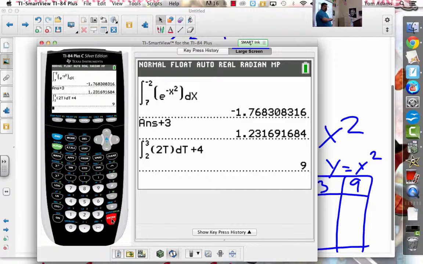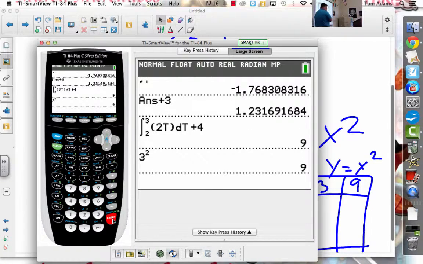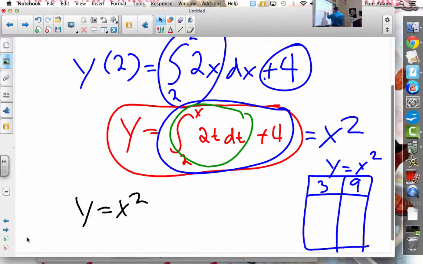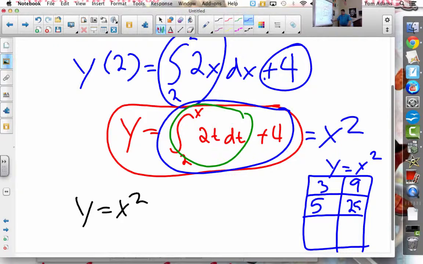9. Okay. So what I've done is, now I know that 3 squared equals 9, and we did it on purpose, but essentially I can figure out what y of any value is by plugging it into this. Pick another number, 5. If I let x equal 5, then what will y equal? 25.